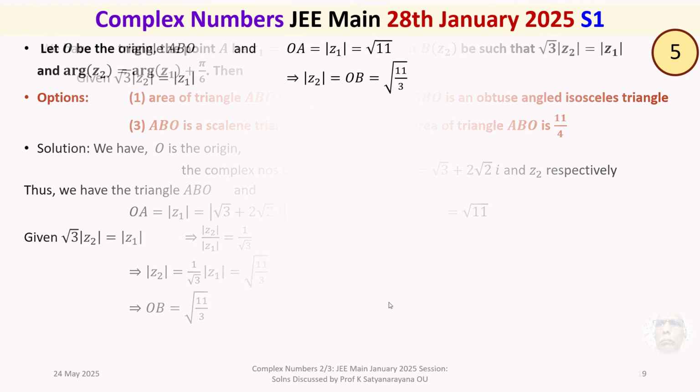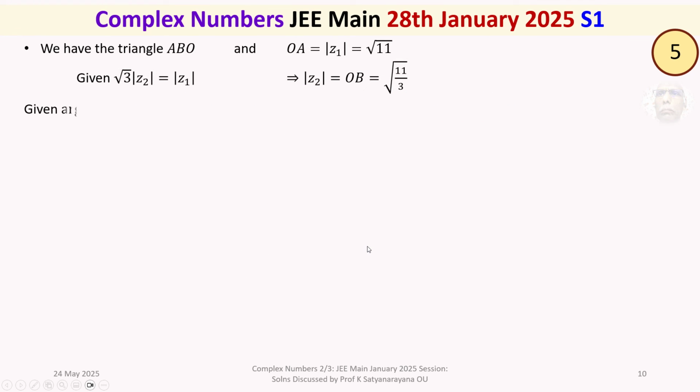Now let's move to the next slide. We are given argument of Z2 is equal to argument of Z1 plus pi by 6. Then argument of Z2 minus argument of Z1 is pi by 6.